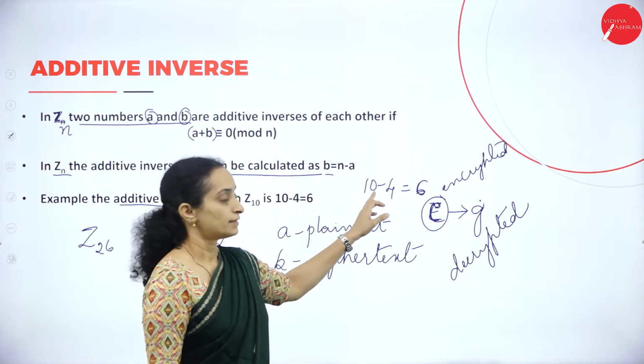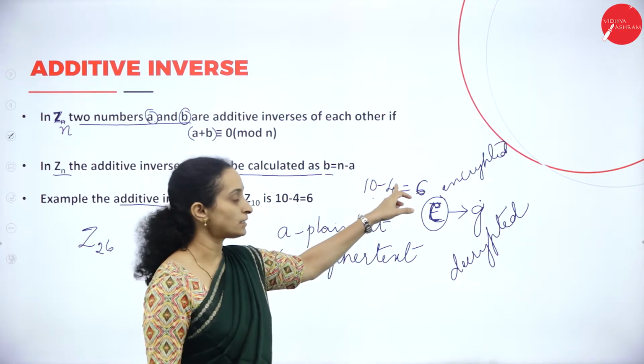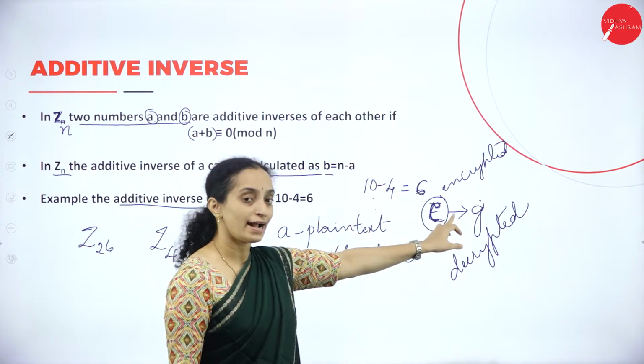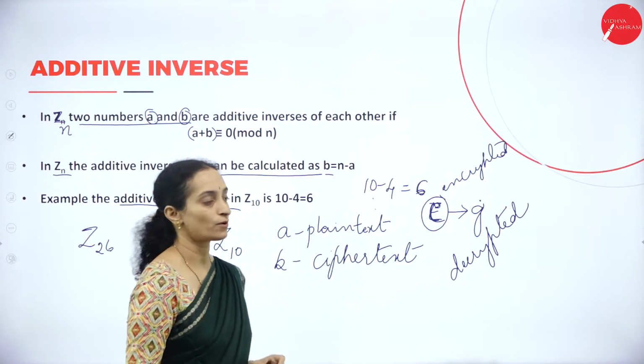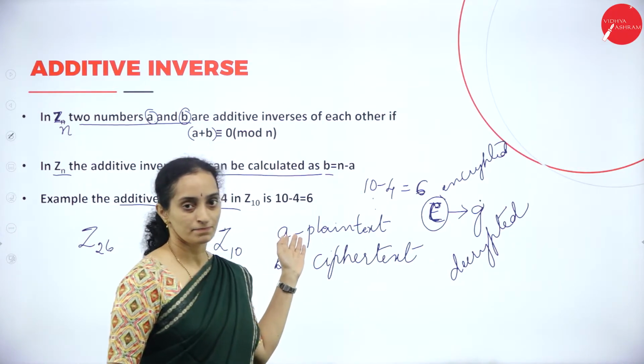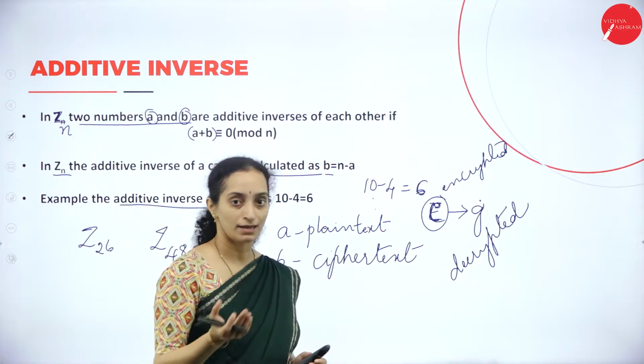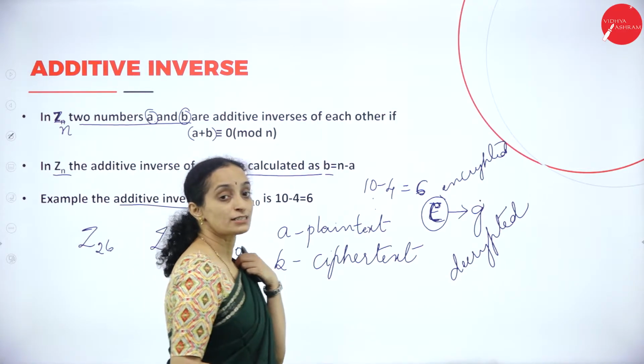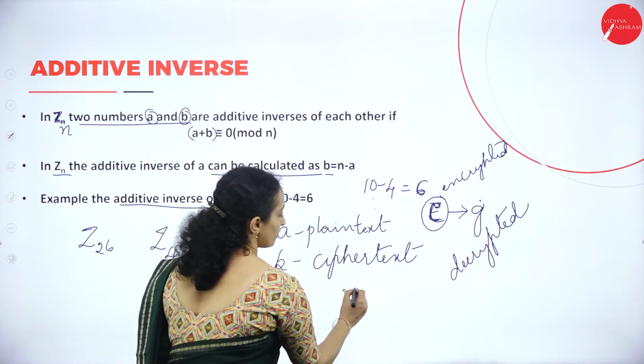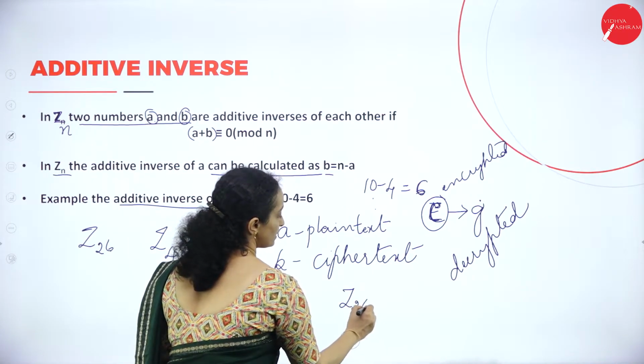The base minus the value will give you the additive inverse. This is base 10, that is, you have 10 characters. If it is 26 characters, it will be Z26.